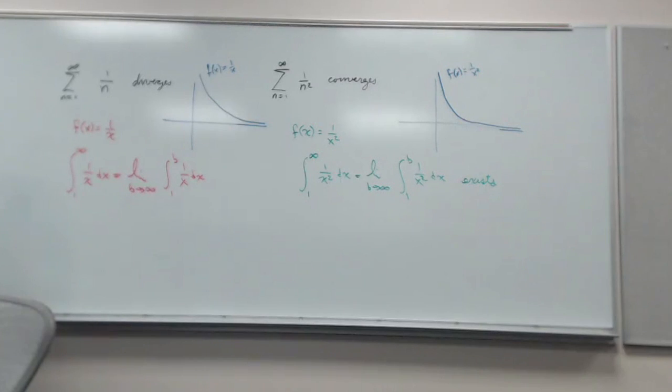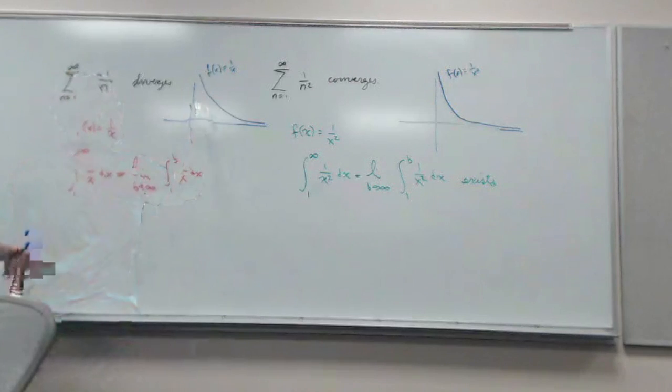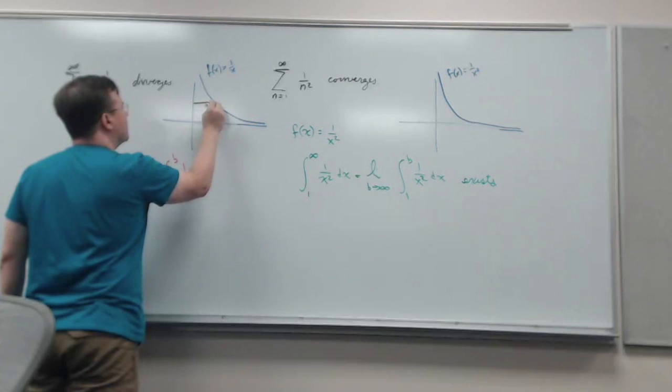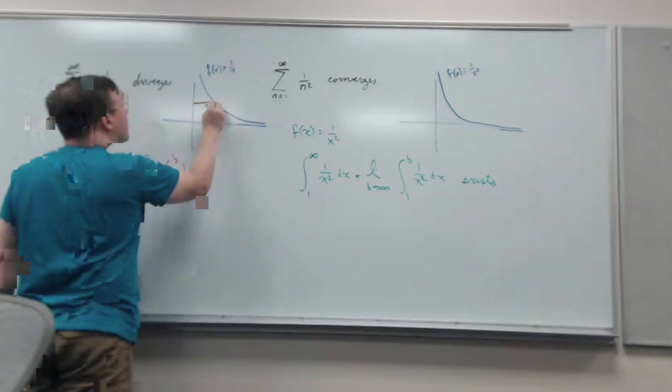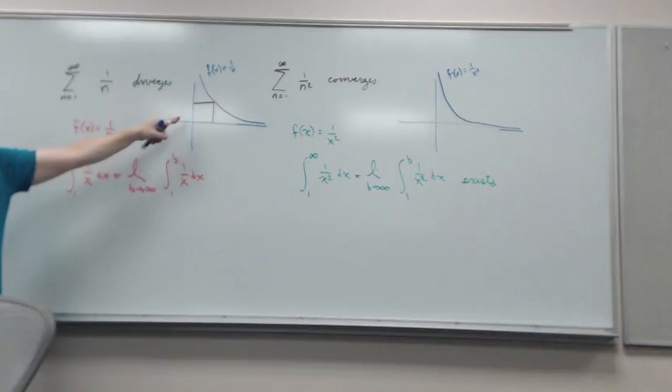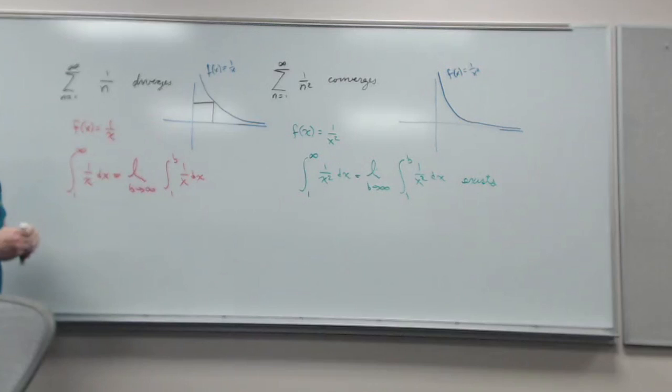But when you evaluate this series, the first term is 1 over 1, right? And that could be represented as the area of this box right here. Because at 1, the height of this box, I get that by plugging it into the function, and I can see that it's represented by this black box right here.